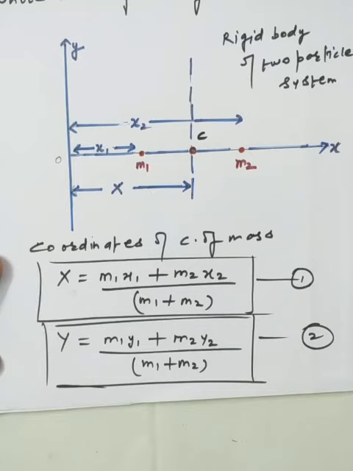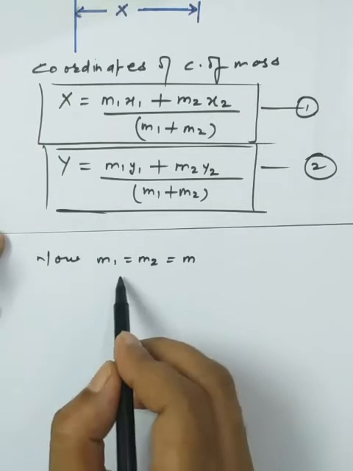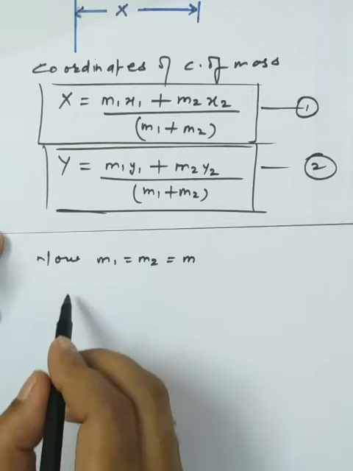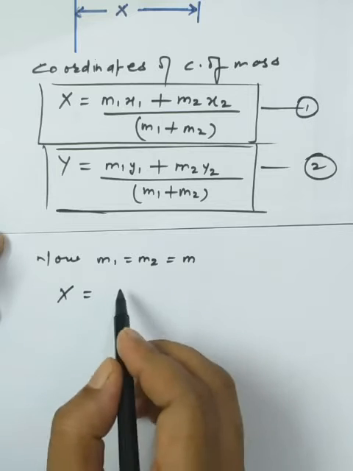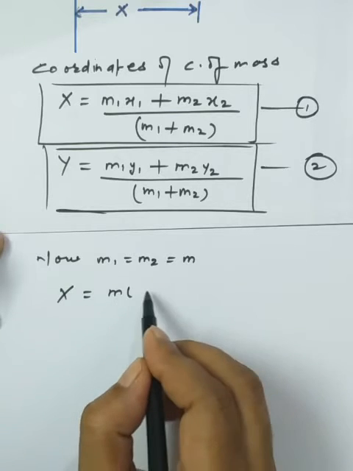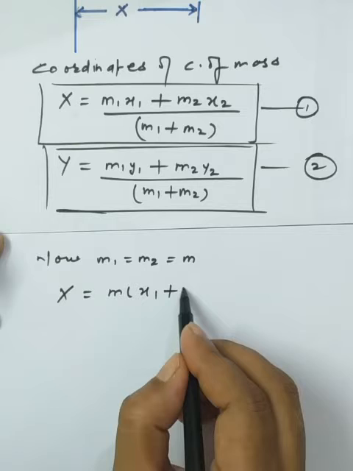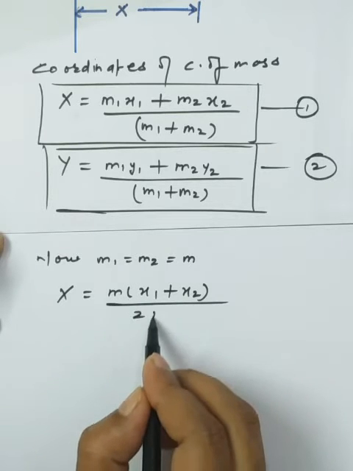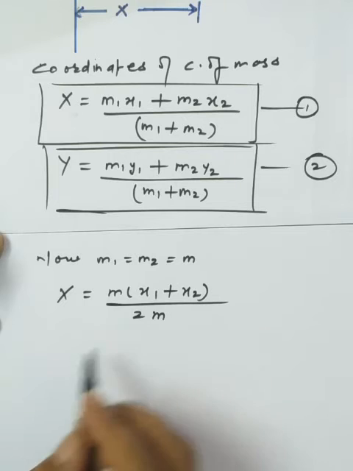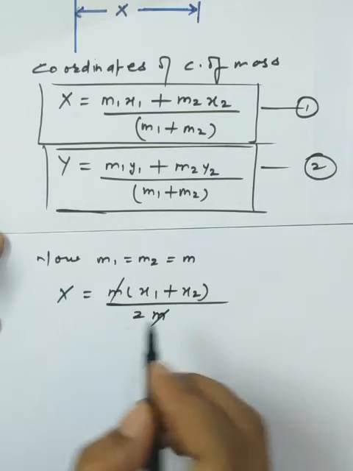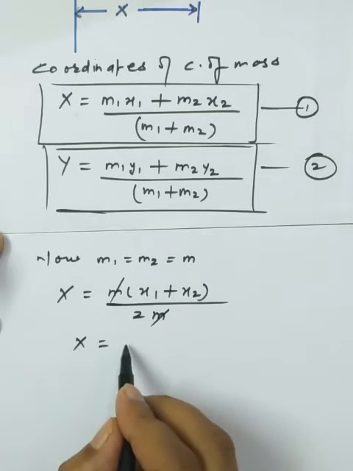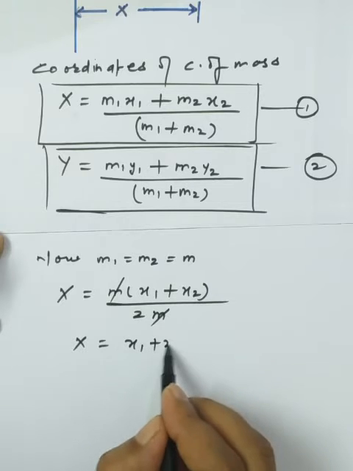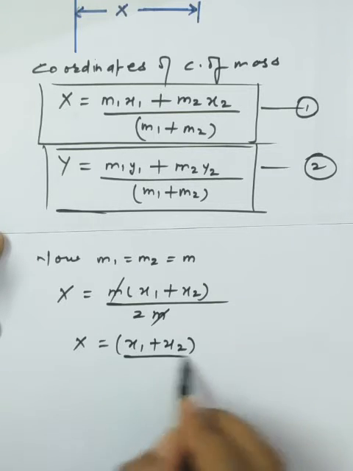Now we will assume some new things in the formula. Now we are assuming that m1 is equal to m2 is equal to m. So x can be stated as m times (x1 plus x2) divided by m1 plus m2, which is 2m. The m cancels, so easily we can write that x is equal to (x1 plus x2) divided by 2.